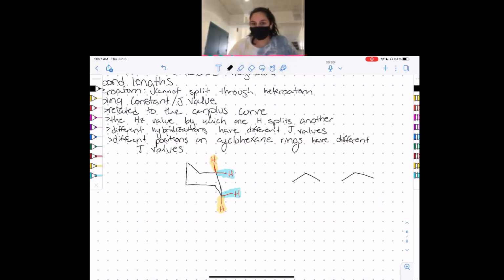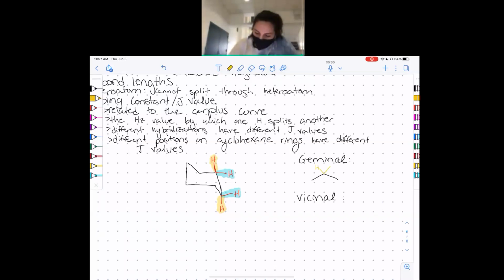Okay, so someone said geminal is 12 hertz. What does geminal mean? What's the relationship between those hydrogens? Same carbon. Super duper. So this hydrogen and this hydrogen have a J value of between 12 and 15 hertz.